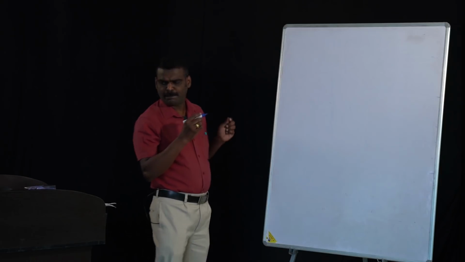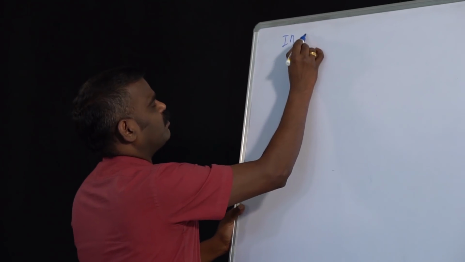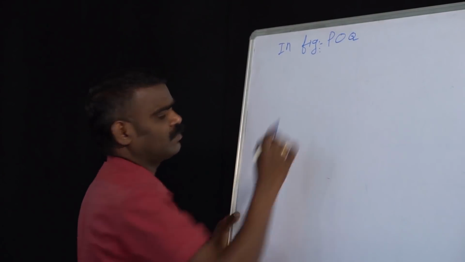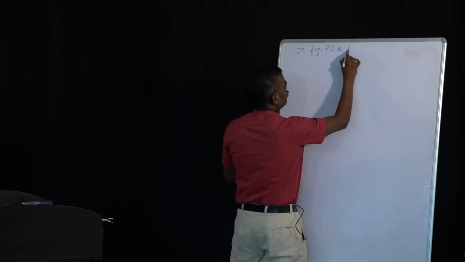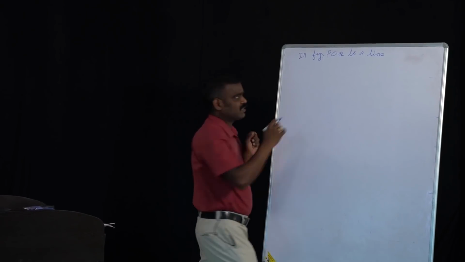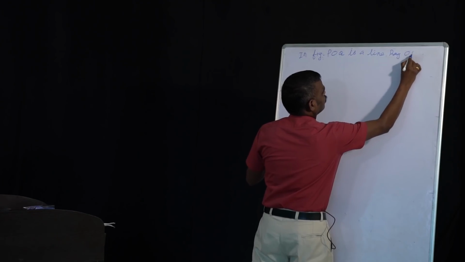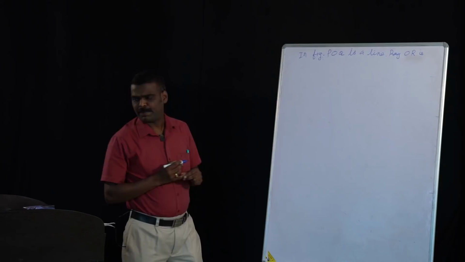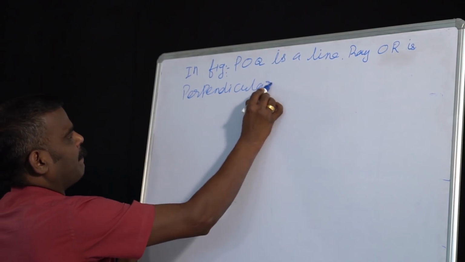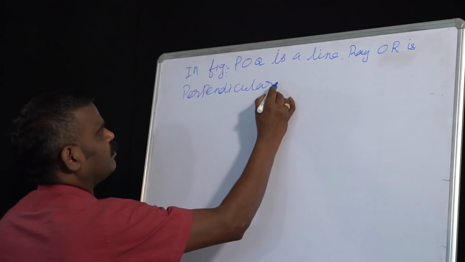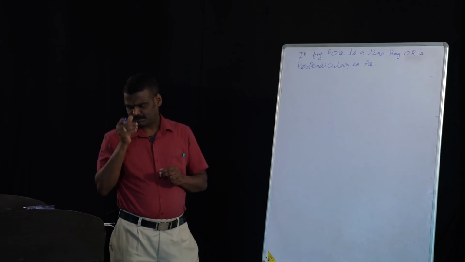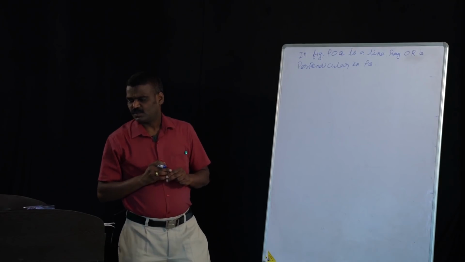Question number 5 says: in the figure, POQ is a line. Ray OR is perpendicular to line PQ.